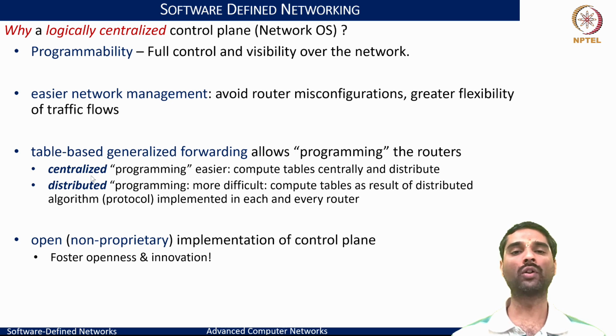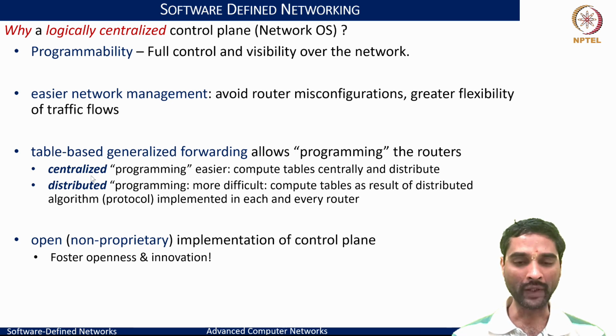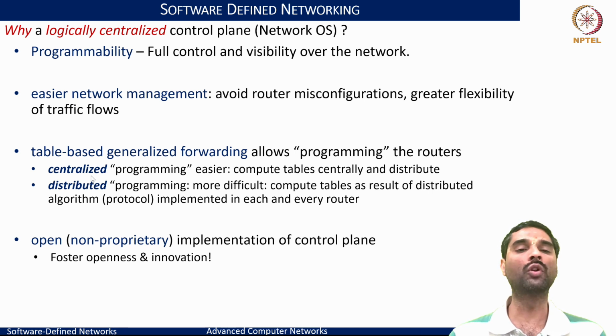Second, it becomes a lot easier to manage the network because we are now trying to manage and configure the rules from just a single point. Not that we are avoiding the configurations on multiple routers, because we still have to configure the rules on each of the routers, but the decisions are taken centrally, rather than the decisions earlier that used to be taken by each of the routers independently, which made it very difficult to debug and know which router has chosen what paths and for what purpose.